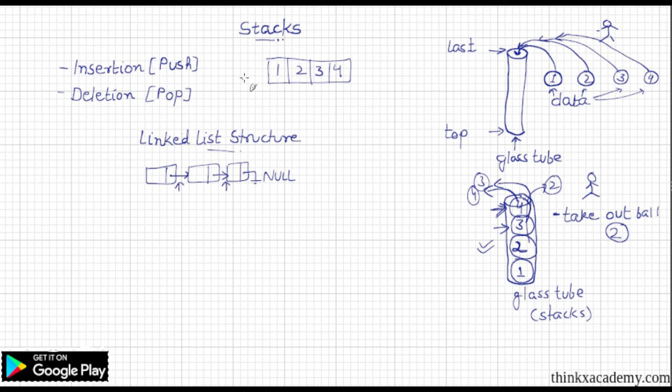But in the case of stacks, this is not true. In a stack, we cannot insert an element at any random position. This is the basic logical form of a stack.